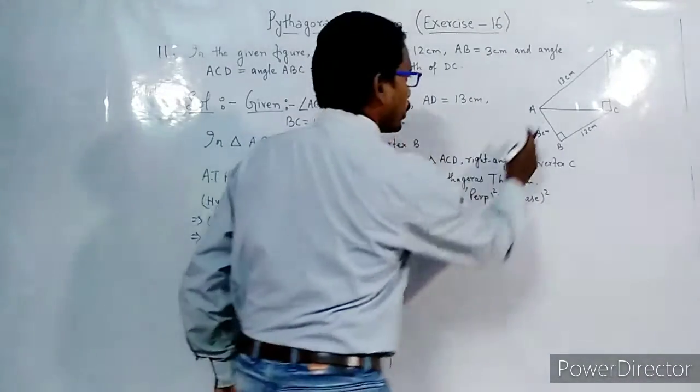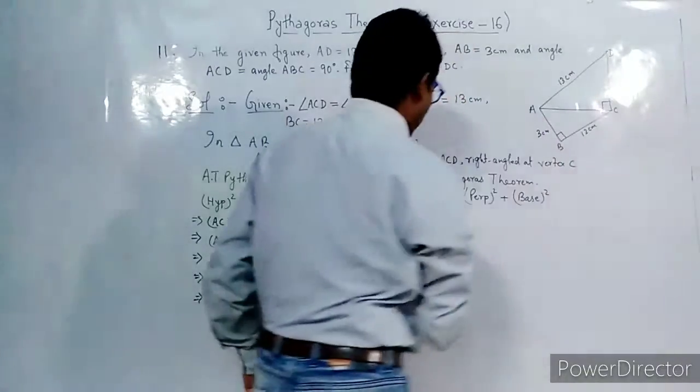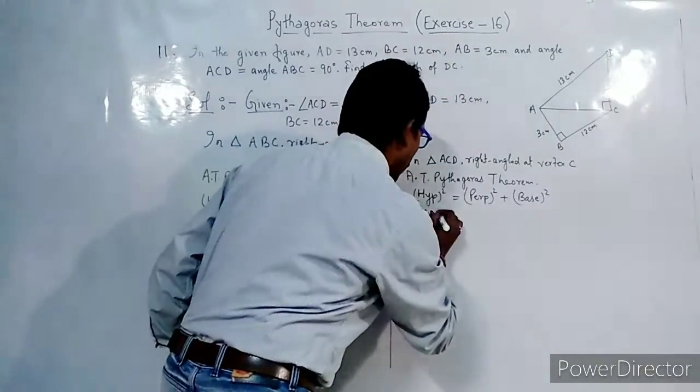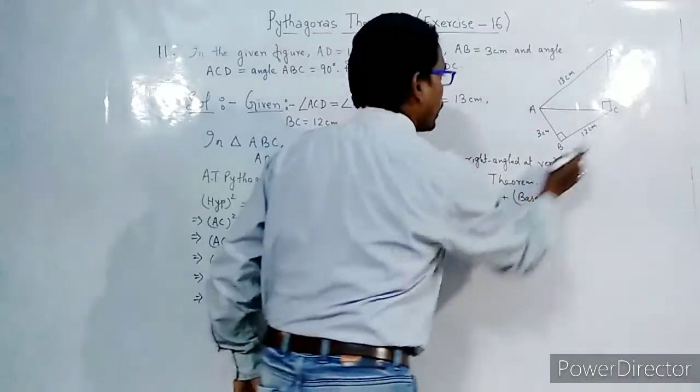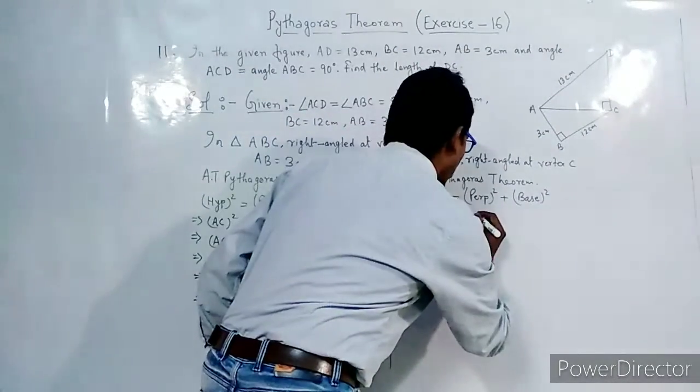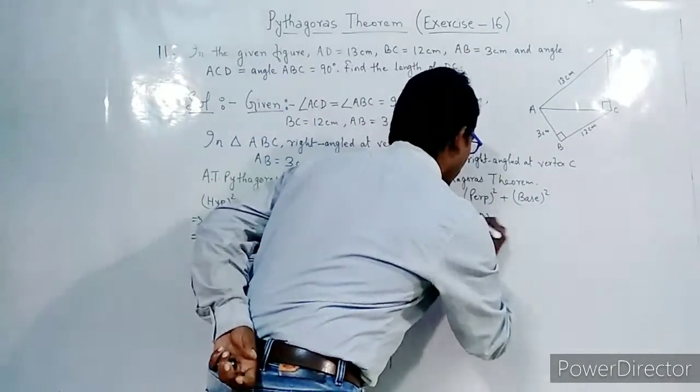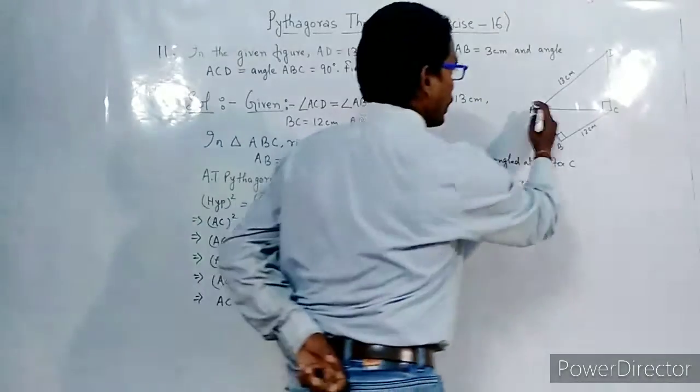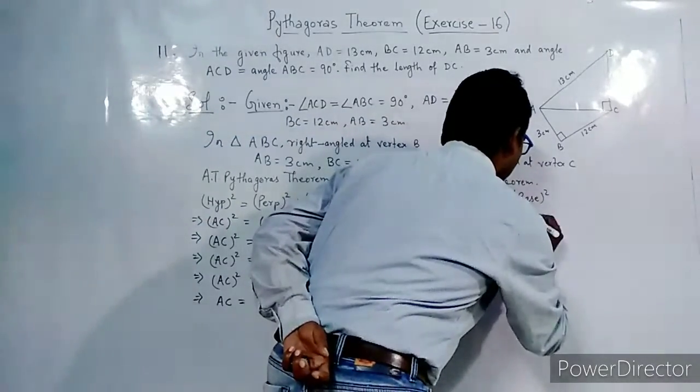So here hypotenuse is this AD, so we write AD square. Perpendicular is this CD, so we write CD square, plus base is AC, so we write AC square.